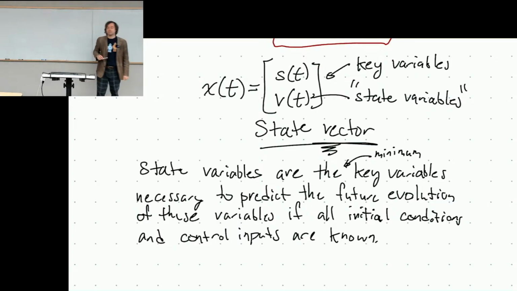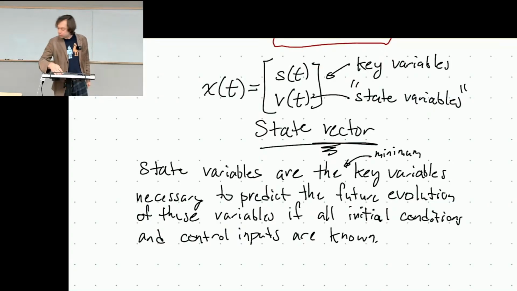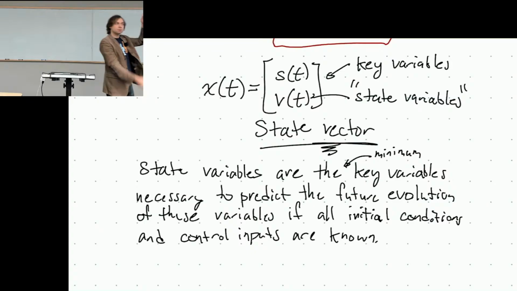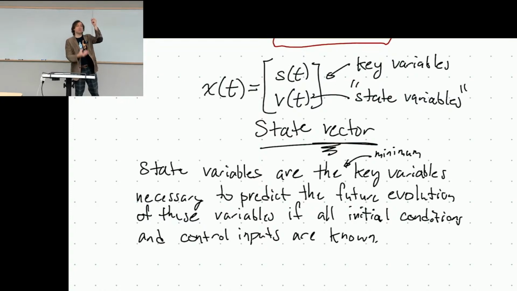The fewest. So to know the future trajectory of this slinky, I do not need to know the position of Jupiter. Okay? Unless you're really into gravitational effects or something, you know. So the position of Jupiter would not be a state variable for that slinky, right? So it's the fewest number, okay?